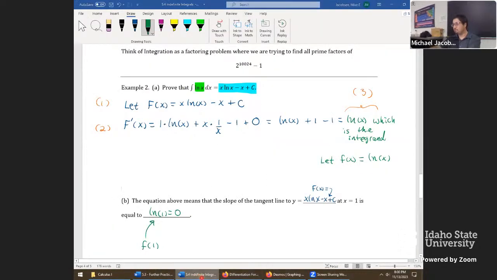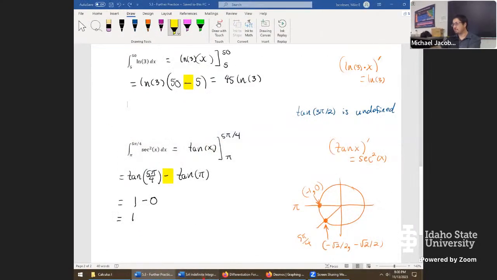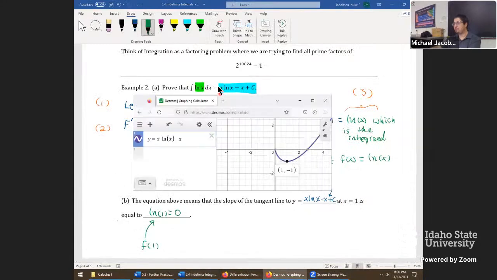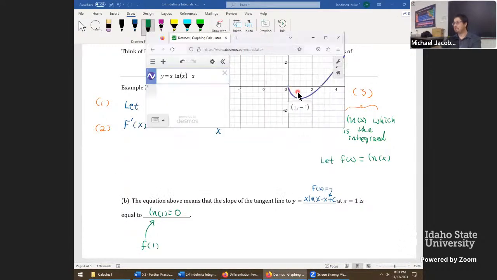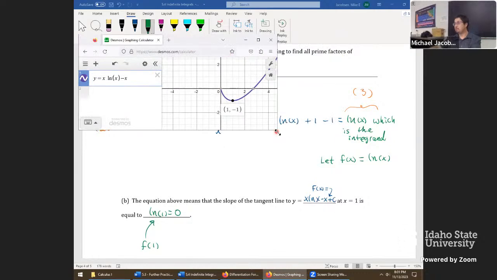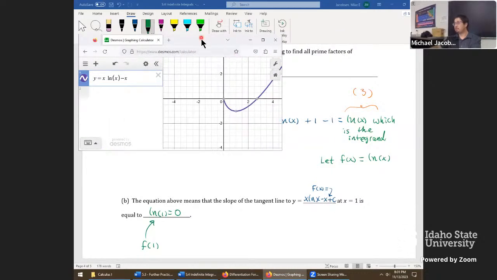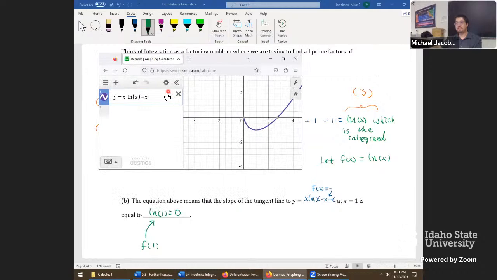Oh, sorry, wrong thing there. I got too many windows going on. And here, I didn't quite put in the right function, though. I put in x natural log x minus x plus a constant. But the true function should have been, well, it should involve the constant, right? So let's throw in a constant there. We can say put in plus c.